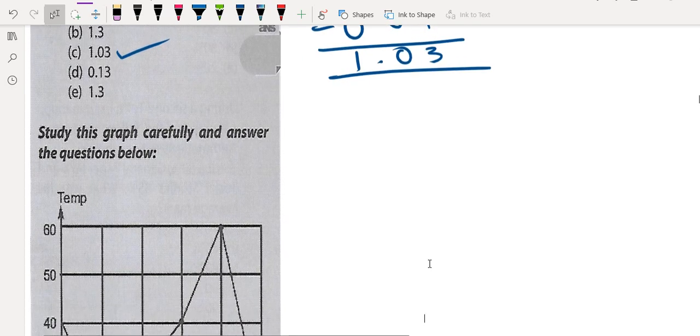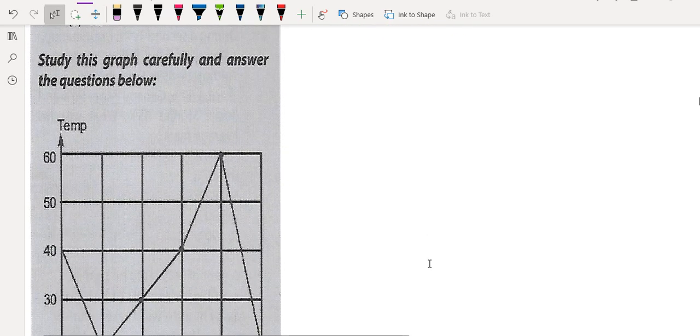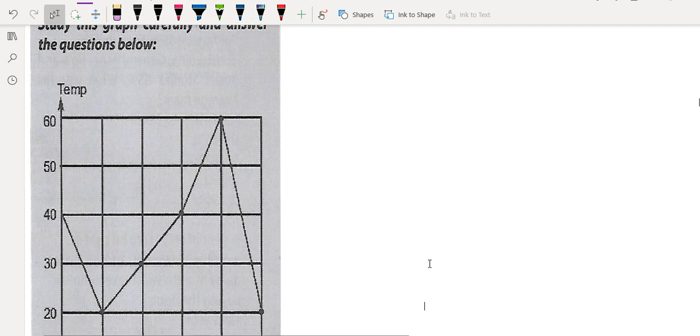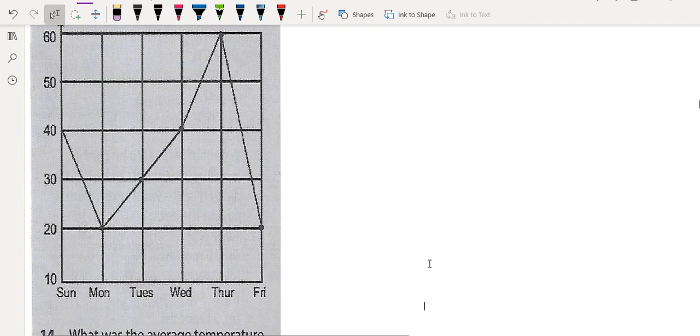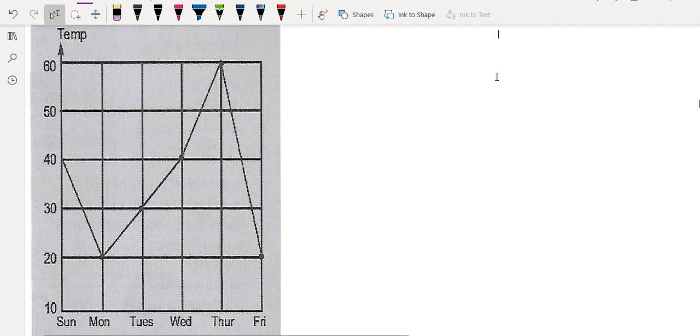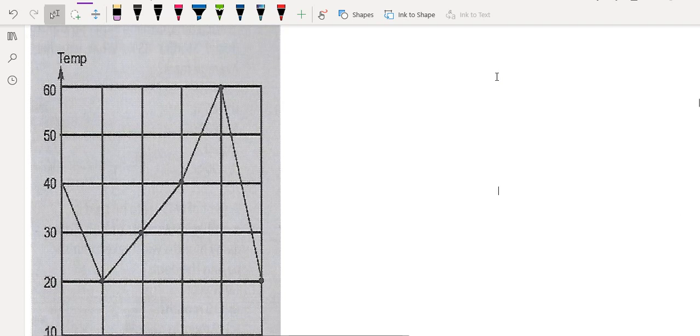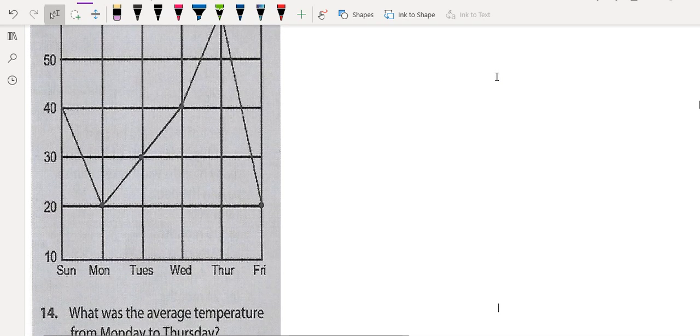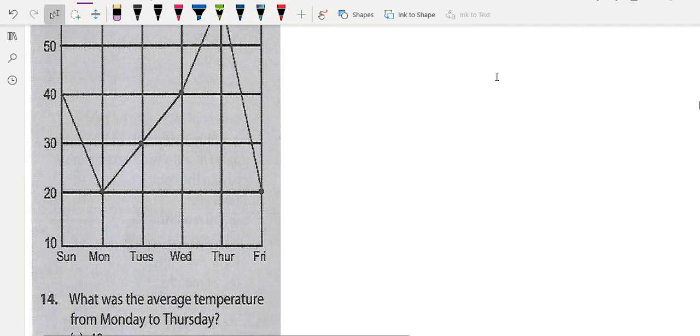Read, please. Study this graph carefully and answer the question below. Okay. So it's a graph of temperature against what? It's a graph of temperature against days. Can you see that? Yes, sir. This column, what axis is this? X or Y axis?